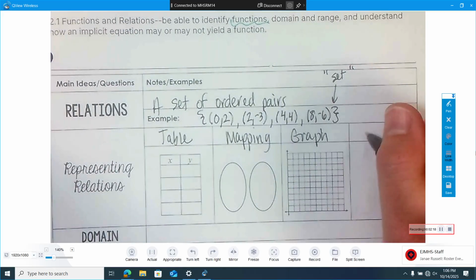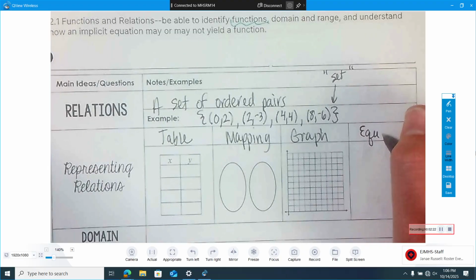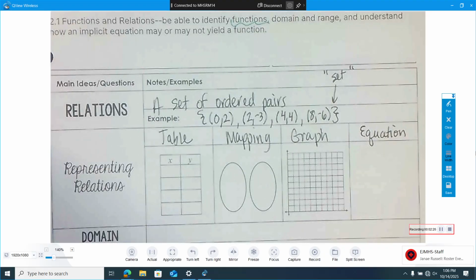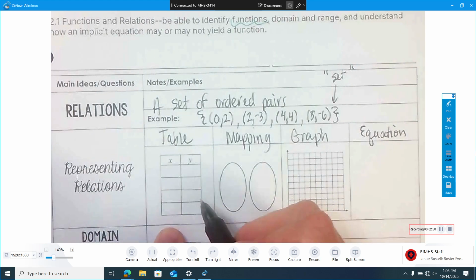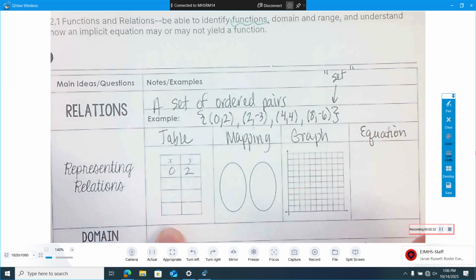And we can create a relation sometimes by using an equation. So for instance, I could write all these ordered pairs in table format. I would do (0, 2), (2, -3), (4, 4), and (8, -6).